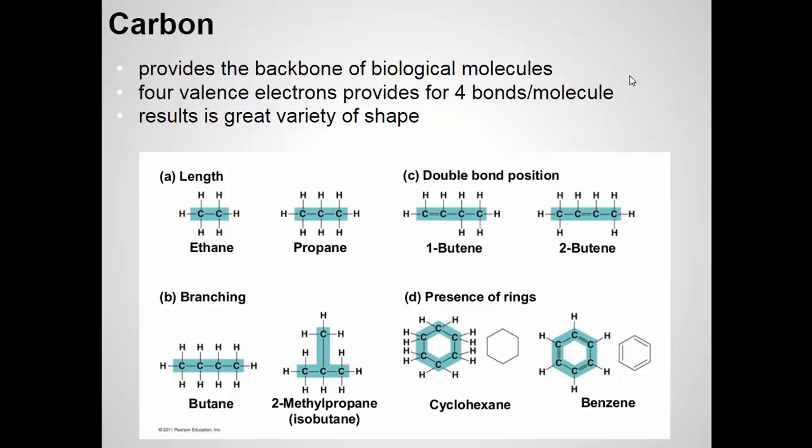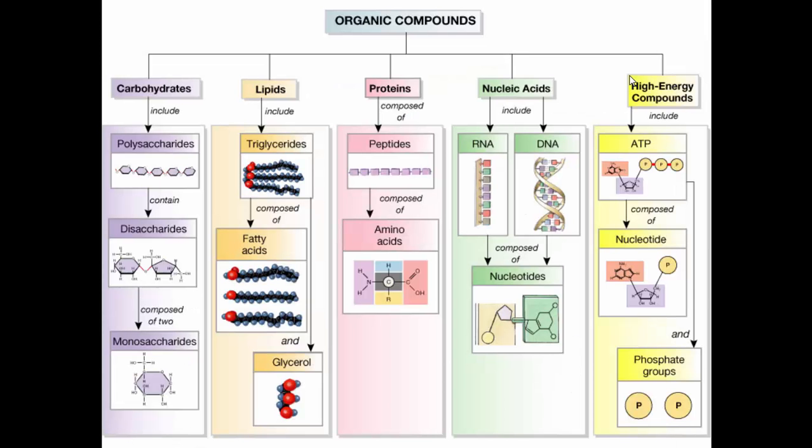Carbon can form branches. Instead of the carbons being on a straight line, they can branch off. And that gives a wide variety of molecules. Carbon can form rings connecting with each other, which gives variety. So there are all sorts of shapes and configurations of these organic molecules that are possible.